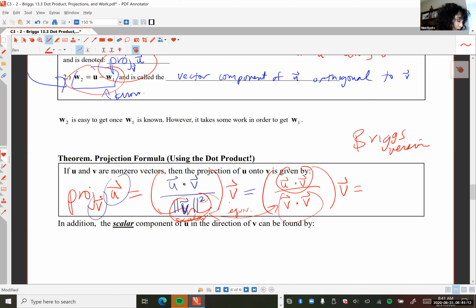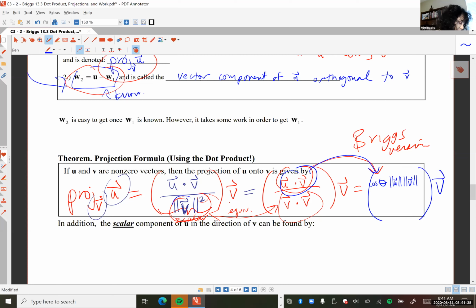So hopefully you recall that the dot product of two vectors can also be found in an alternate way if they give you enough information. And so what I mean is u dot v is cosine of the angle between them times the product of their magnitudes. So that's equivalent. And then everything else is going to stay the same.